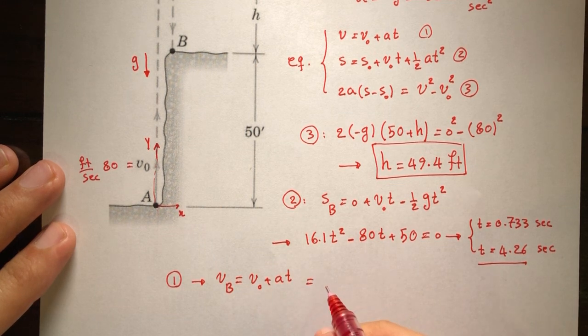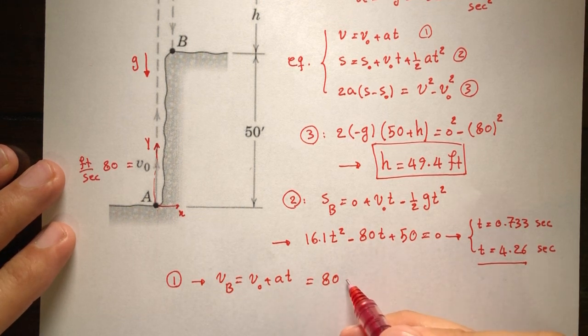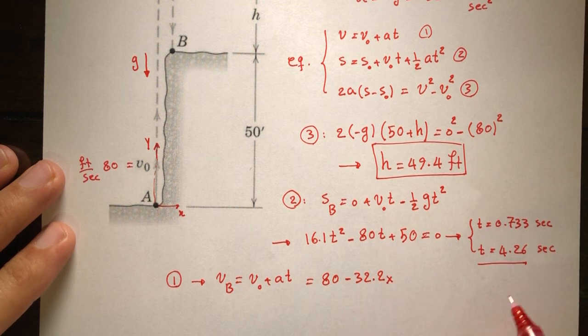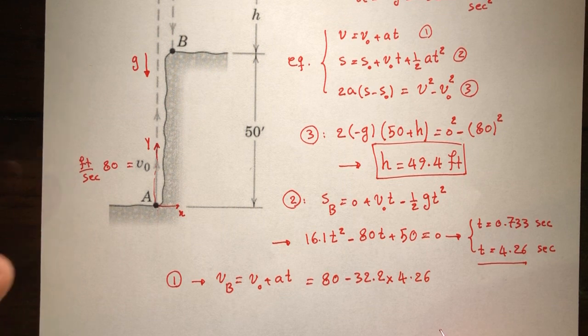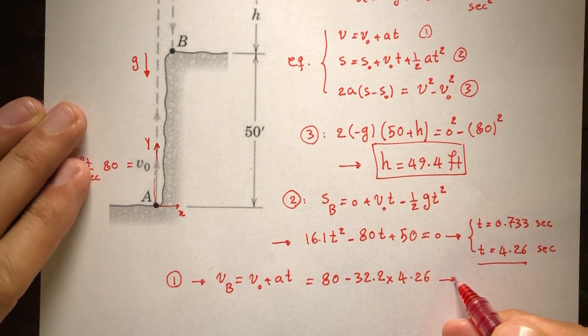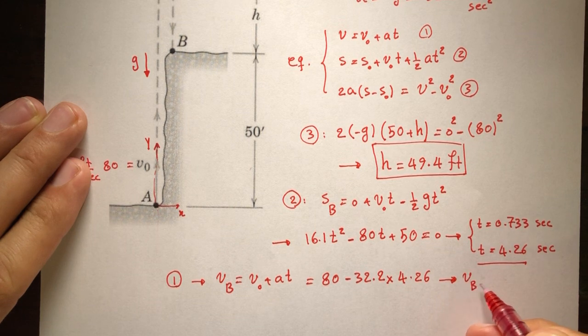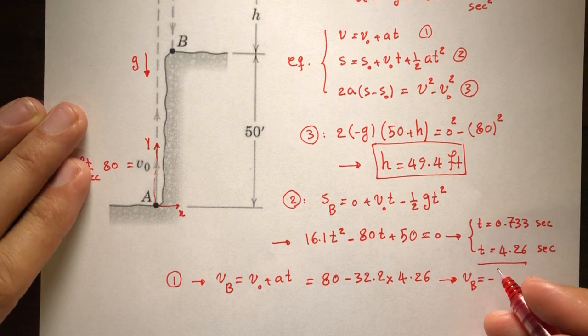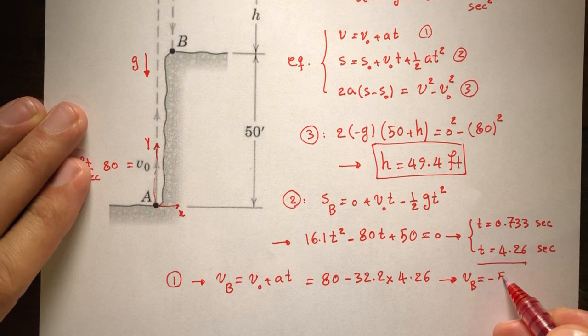So it's going to be equal to 80 feet per second plus acceleration, which is negative 32.2, times time, which is 4.26. And if you do the math, velocity at B is going to be equal to negative 56.4 foot per second.